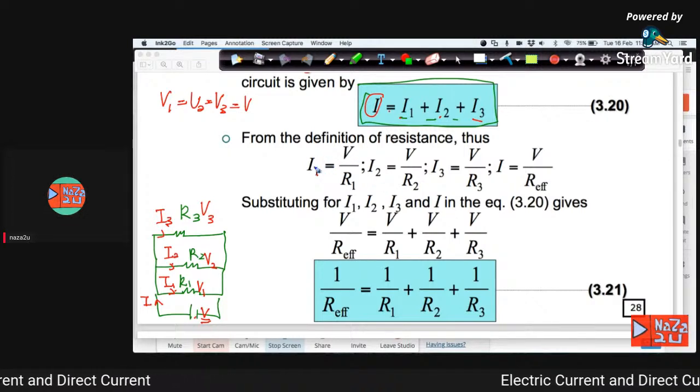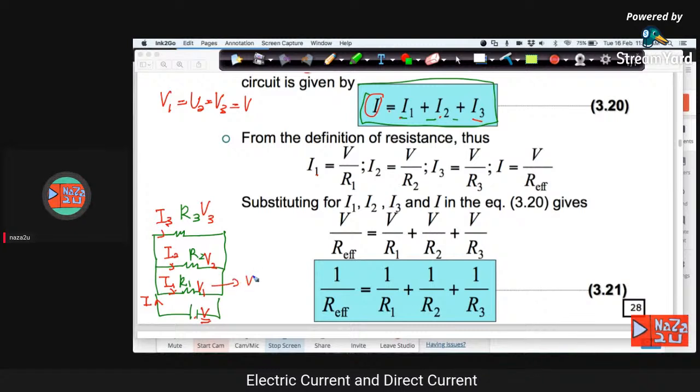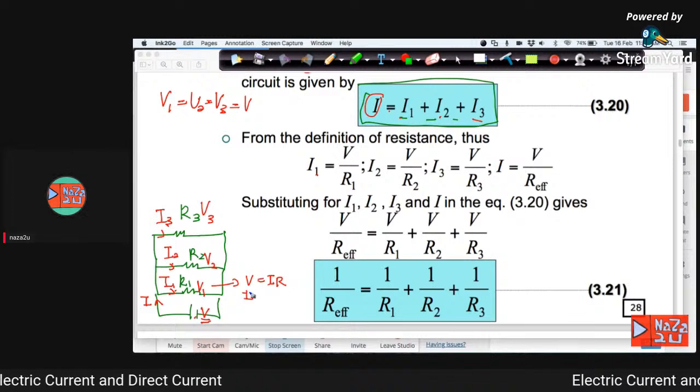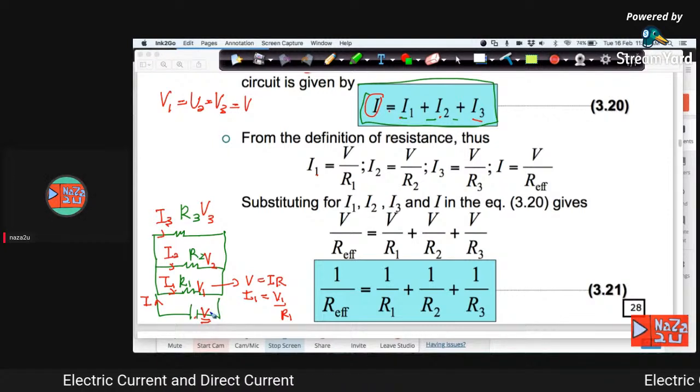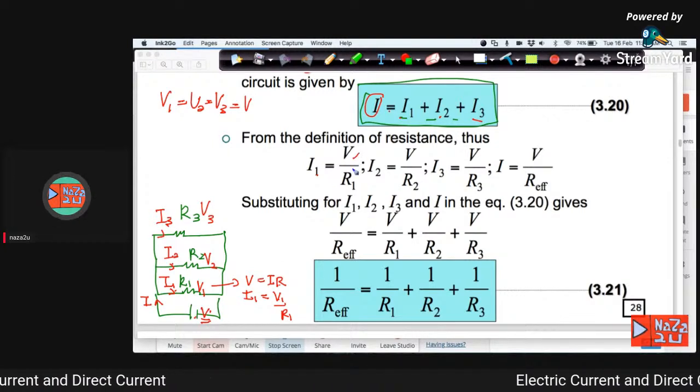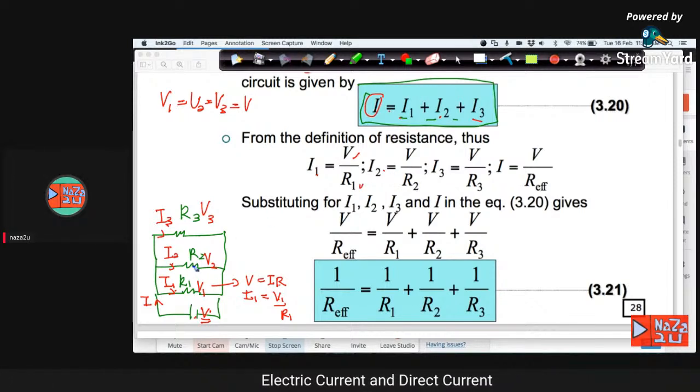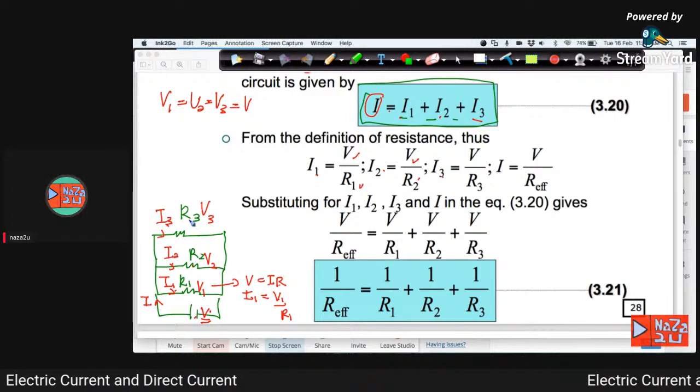So current flow in the resistor 1. So from the Ohm law, V is equal to IR. So I for the R1 is, let's say, I1 is equal to V1 over R1. Tapi V1 sama dengan V yang dibekalkan. That's why sini V over R1. Current flow in the resistor 2, V over R2. Current flow in the resistor 3, V over R3.